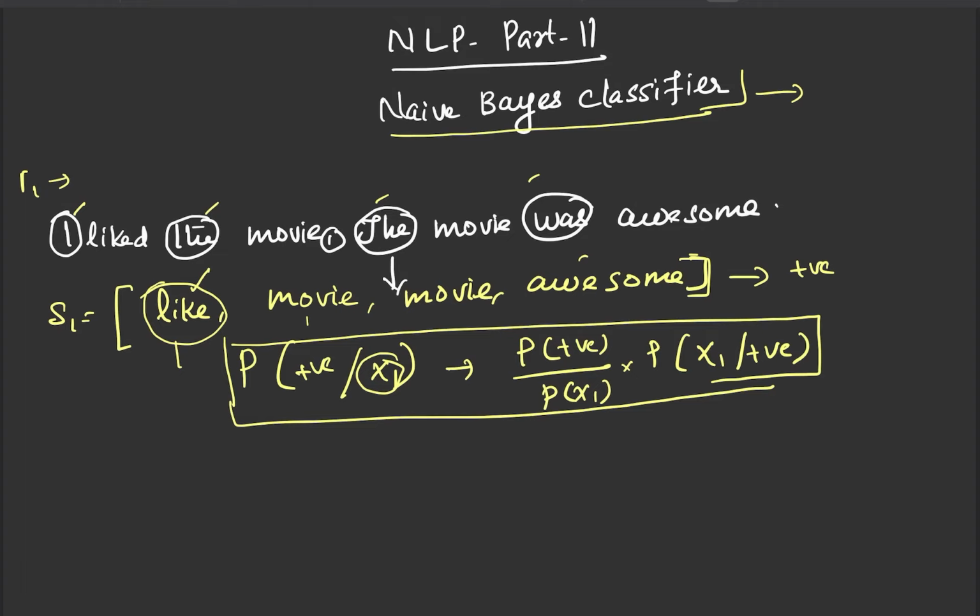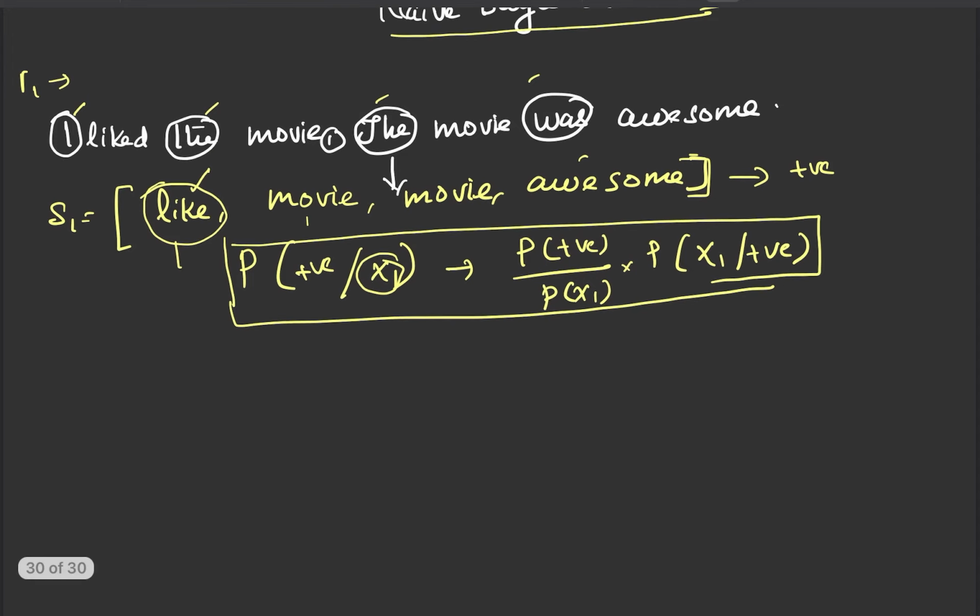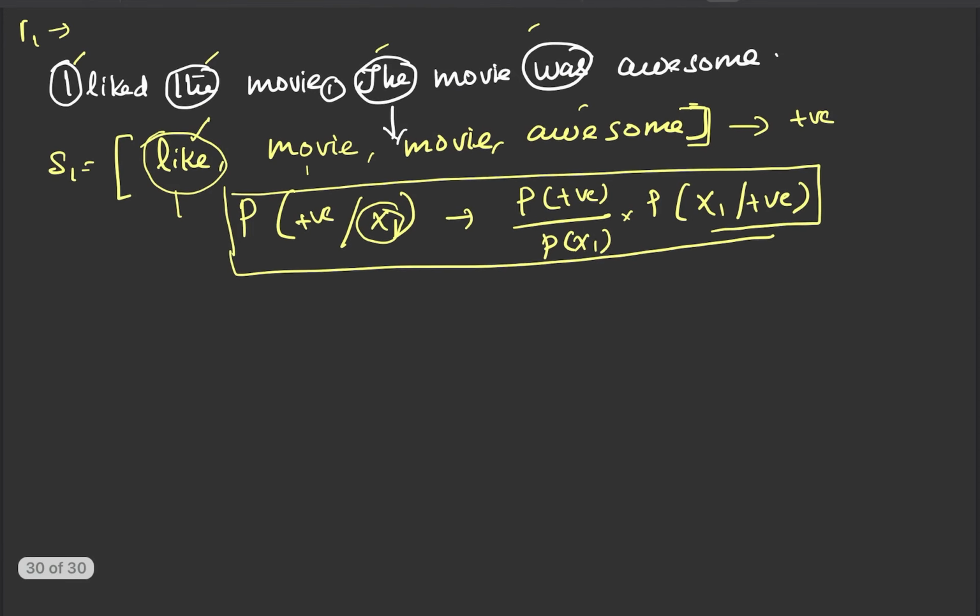So, based on this assumption, this formula can be rewritten to cover all those features x: we just multiply these formulas for every word in the sentence.